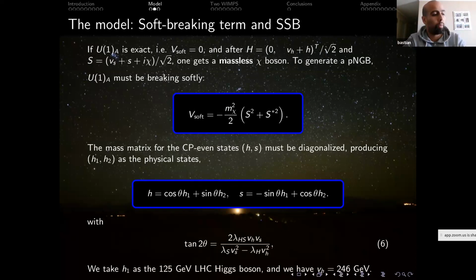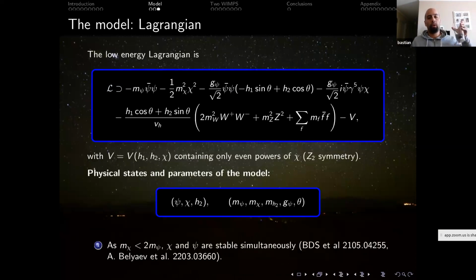Next slide, please. So the low energy Lagrangian is this one. Now the fermion got a mass after the spontaneous symmetry breaking, which must come only from the singlet scalar S. Here is the mass that we introduced by hand for the pseudo-scalar.